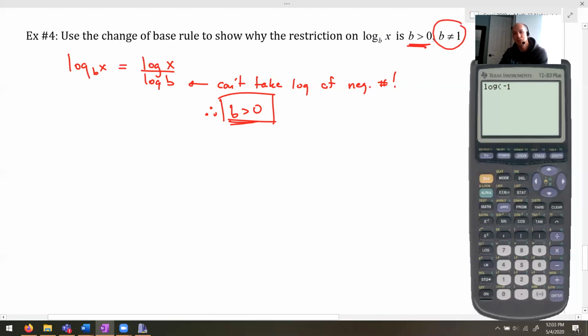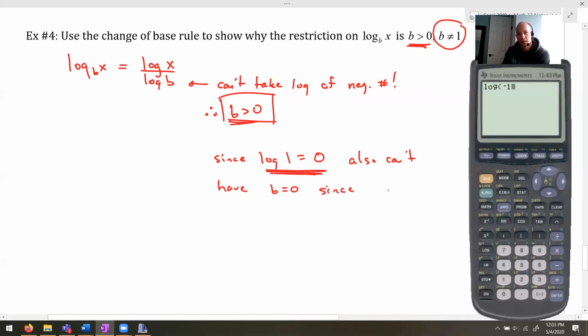Now, why does this one exist, though? Why can't b equal 1? You can also say, since log 1 equals 0, right? That's a general fact about logs. You also can't have b equal to 1, since you'd be dividing by 0.